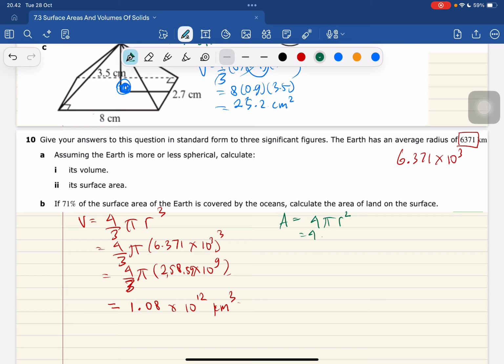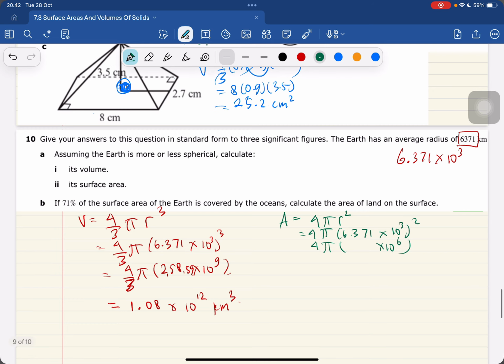So 4 pi r squared is going to be 6.371 times 10 to the power of 3, and then squared. It's going to be 10 to the power of 6, and this is 4 pi. So 6.371 squared is going to be 40.59. Okay, here this will give us the answer of 5.010 times 10 to the power of 8 kilometers squared.